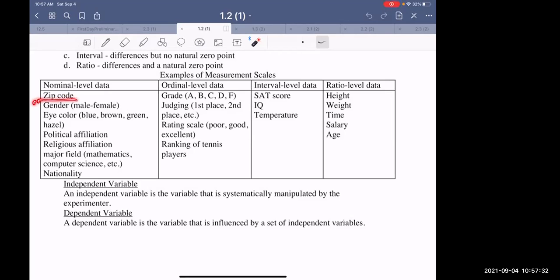There is actually a slight reasoning behind zip codes.